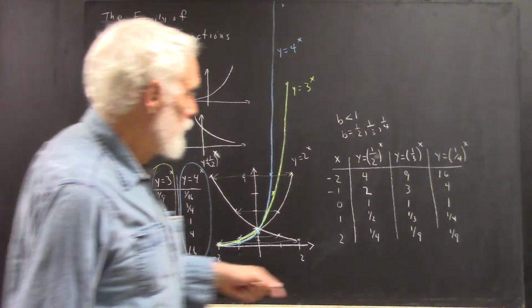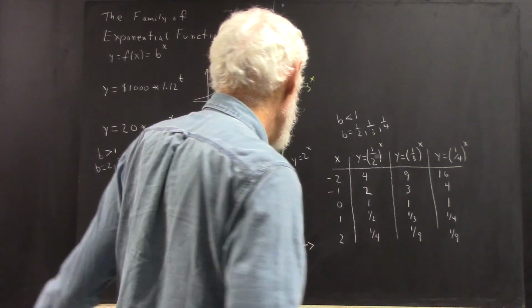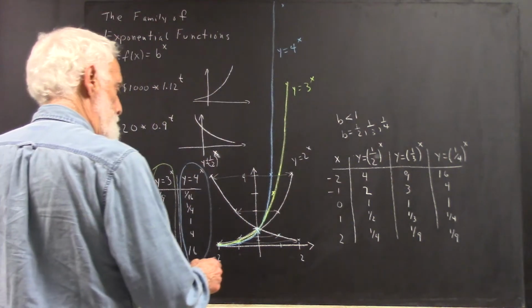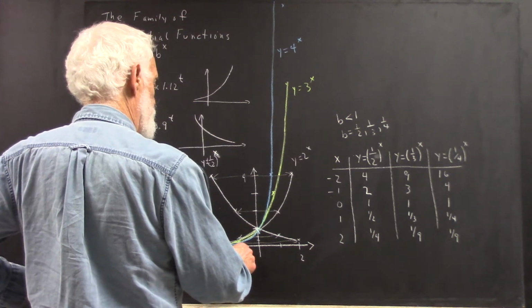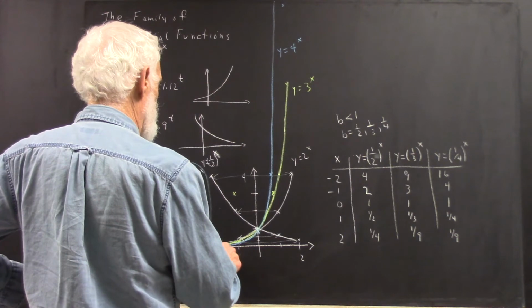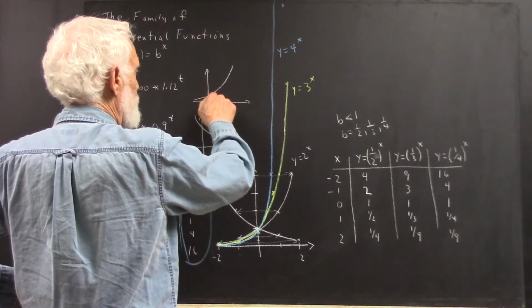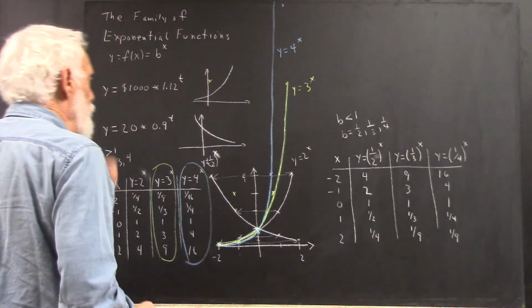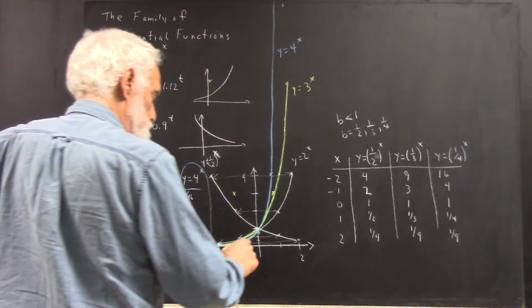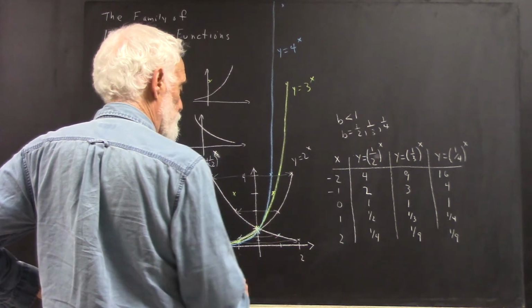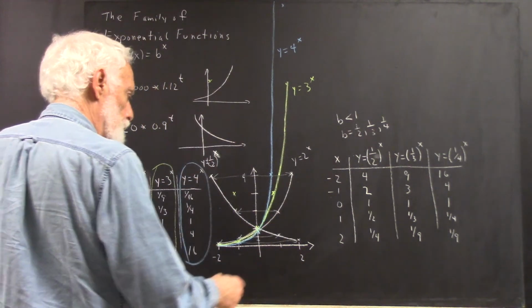Now, y equals 1/3 to the x. Well, you might have a pretty good idea of what's going to happen. When x is negative 1, y is now 3, so that's going to put you here. When x is negative 2, y is 9. That's going to be up here among these graphs, but I'll go ahead and sketch it anyway. When x is 0, y is 1.